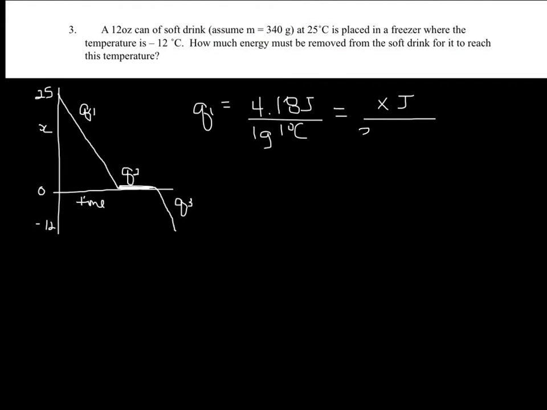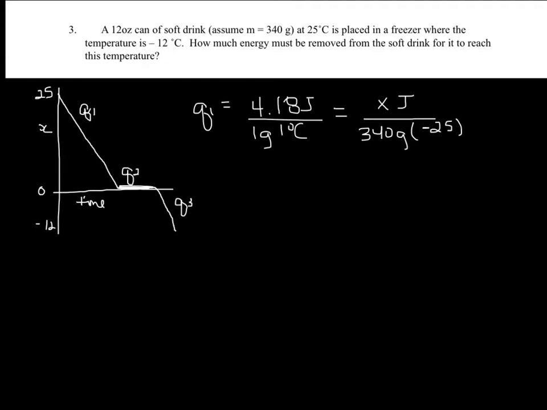so I'm going to put 340 grams, and I'm changing the temperature from 25 to 0, so that's a decrease in temperature, so it's negative 25 degrees Celsius. Okay, so real quickly, I'm going to cross multiply. It's going to be 4.18 times 340 times negative 25.